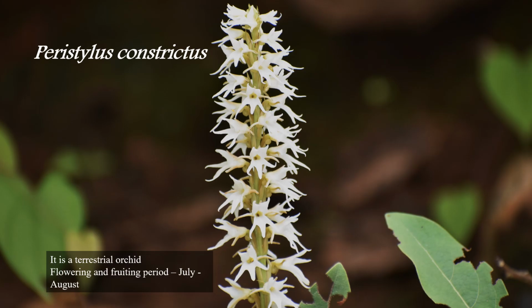Then comes our Peristylus constrictus. It is also a terrestrial orchid, and the flowering and fruiting period is from July to August. As I personally can see, it has a very sweet kind of fragrance, so it attracts many kinds of pollinators.